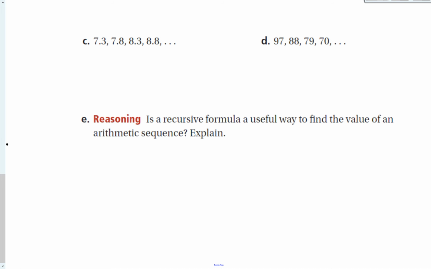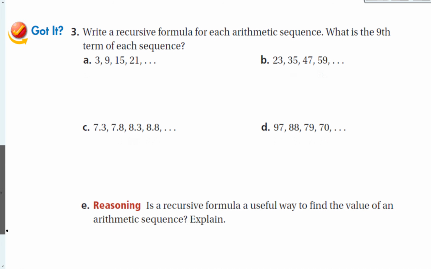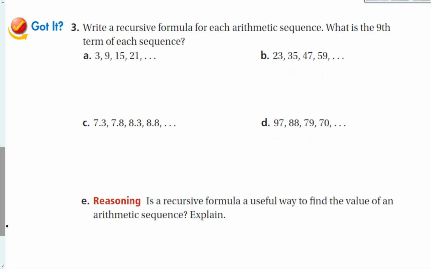Okay. So write a recursive formula for each arithmetic sequence, and find the 9th term of each sequence. To do this, we're going to do the same thing we did above. We're going to try to find the common difference. So my common difference here is going to be 6, and that works for all of them, which is nice.